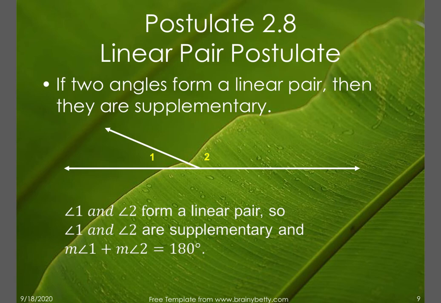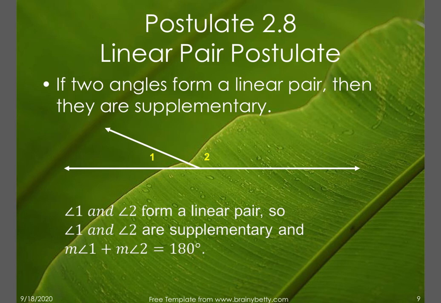All right. Postulate 2.8 is called the linear pair postulate. So we have actually used this without knowing its name, but it says two angles that form a linear pair are supplementary. So we know if two angles form a line, if the non-shared sides of those angles form a straight line or a straight angle, then they add up to 180, and 180 means they're supplementary.